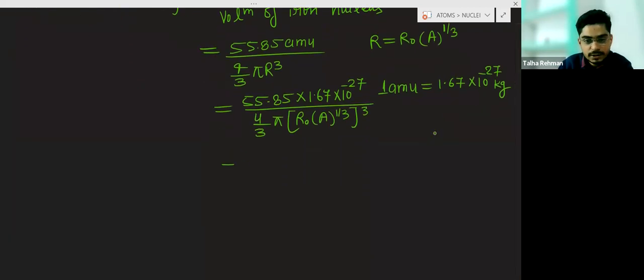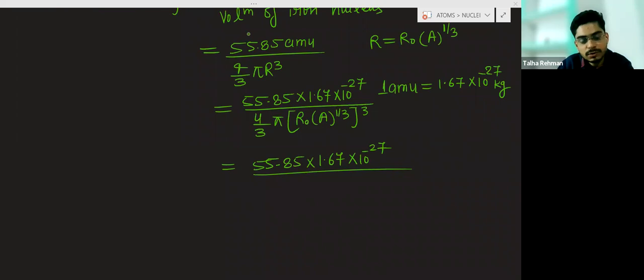So what you will get? You will get 55.85 multiplied by 1.67 multiplied by 10 to the power minus 27, divided by 4/3 pi r naught cube A.